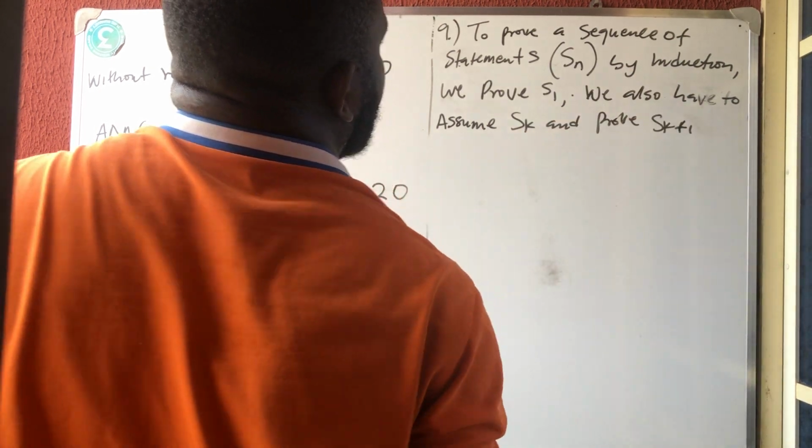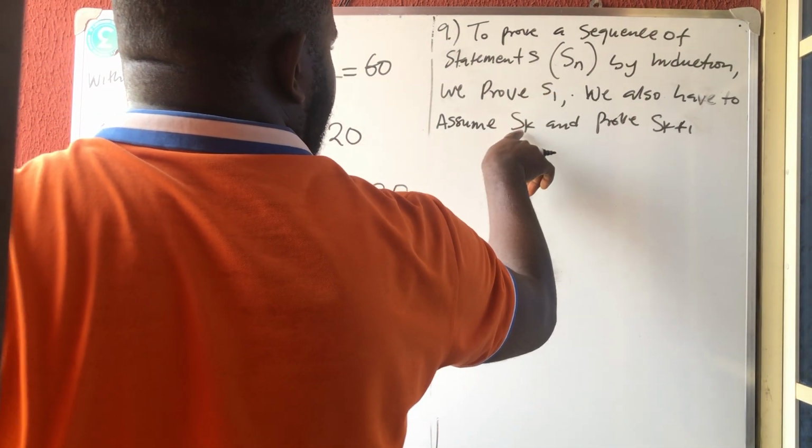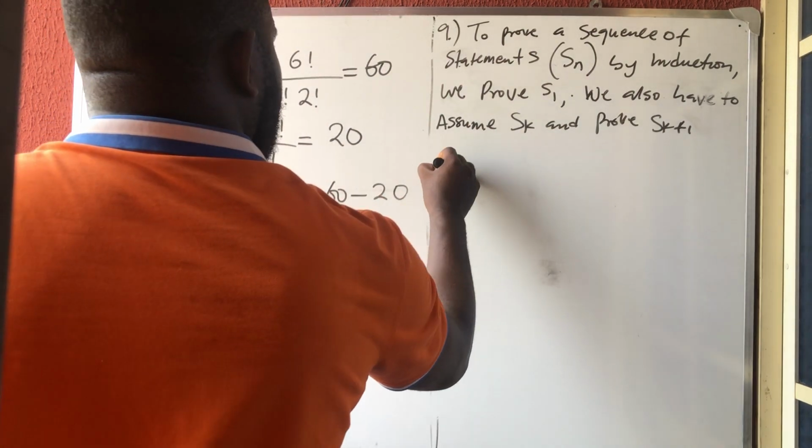So that is just it. You just know that you need to prove S1, then assume Sk and prove Sk plus 1. That's all. So that is that.